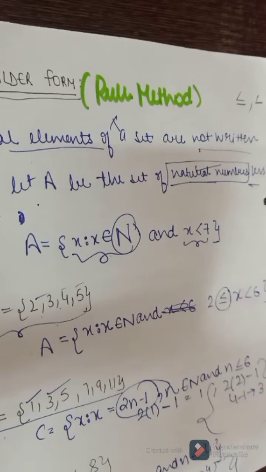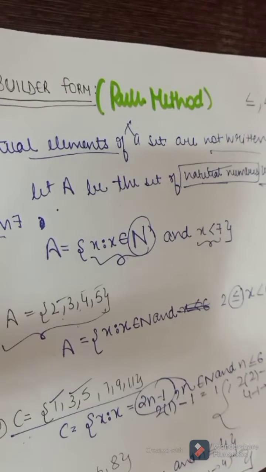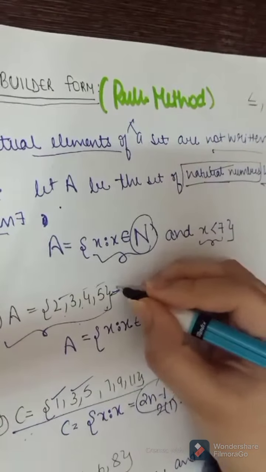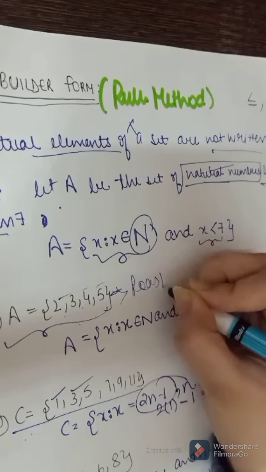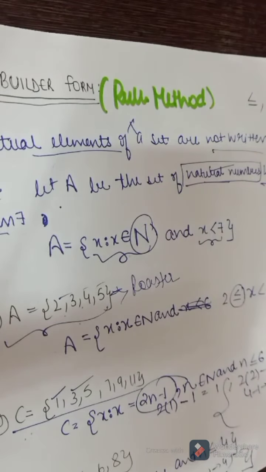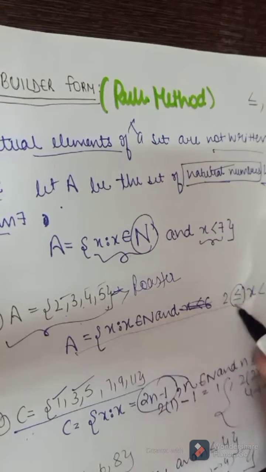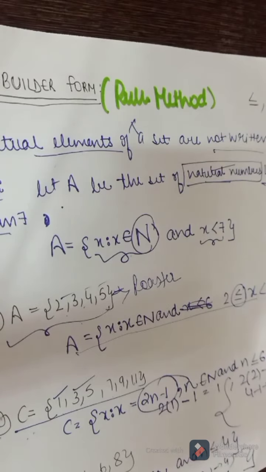Correct, students? Now if we take the first example, that A is equal to {2, 3, 4, 5}, this is the set A. Which form is this? First of all, this is the roster or tabular form, right? In set builder form, A is equal to {x such that x belongs to N and x is greater than or equal to 2 and less than 6}.